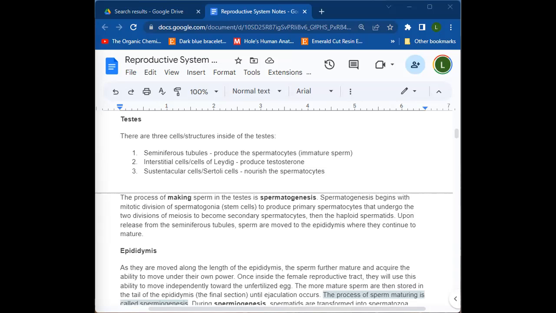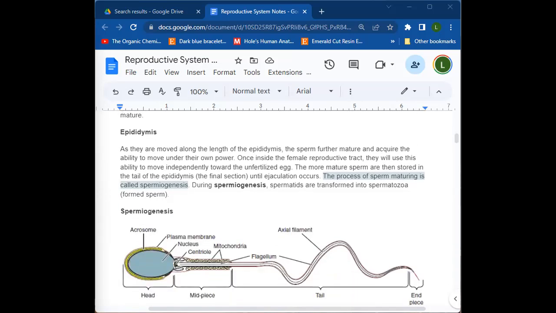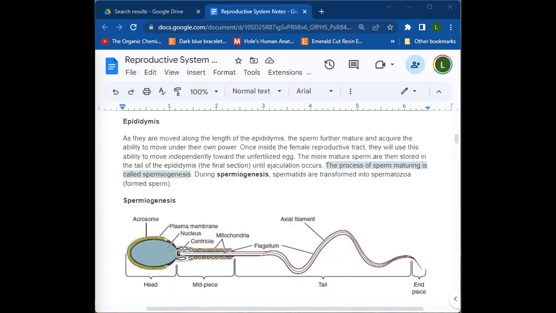So the sperm are made in the testes, but they don't stay there. After they're made, they migrate to the epididymis. And it's in the epididymis that the sperm will mature.